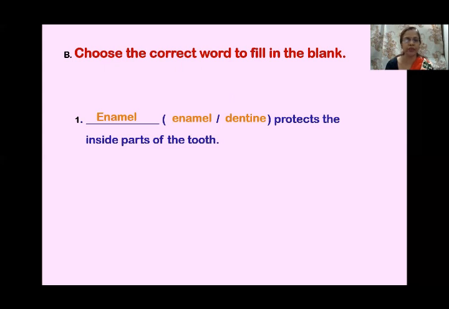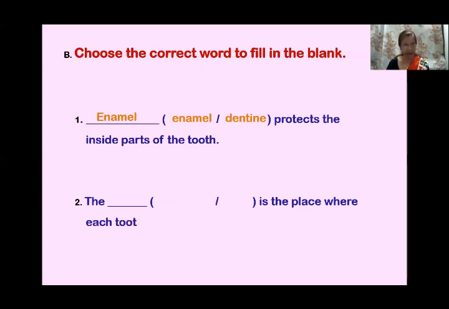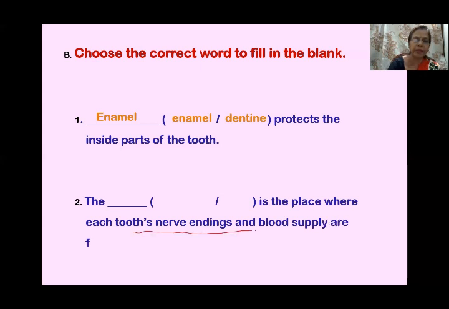Now we'll go for next question. The dash is the place where each tooth's nerve endings and blood supply are found.